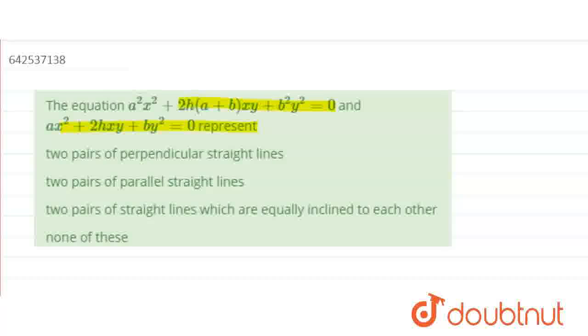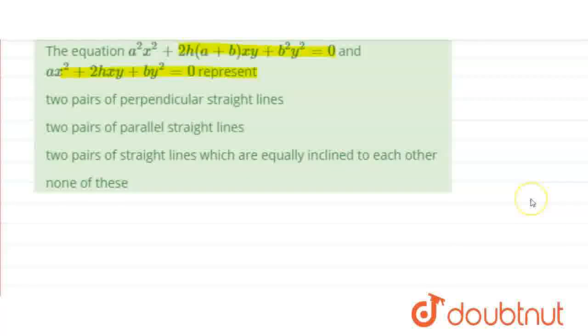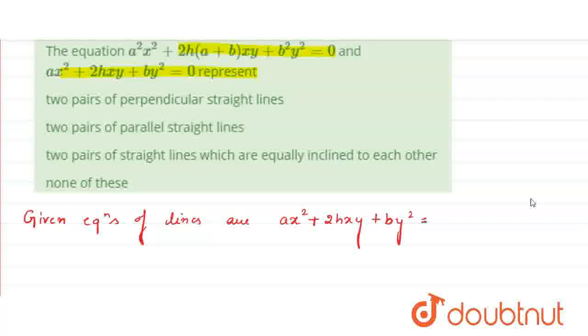So let's check. So if you see, the given equations of lines are ax² + 2hxy + by² = 0.